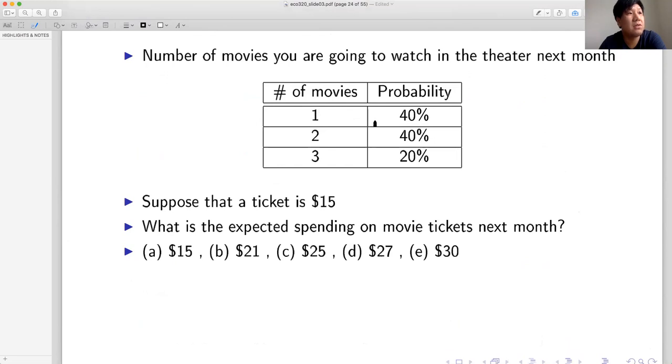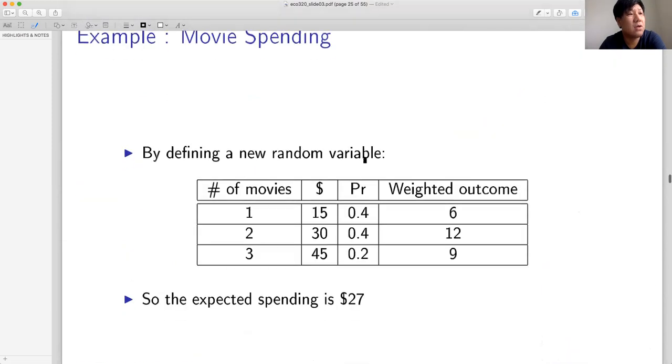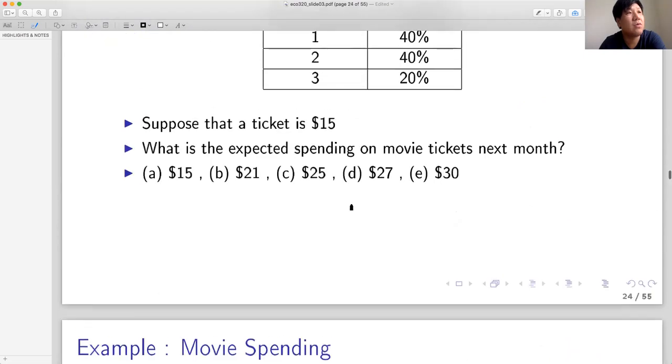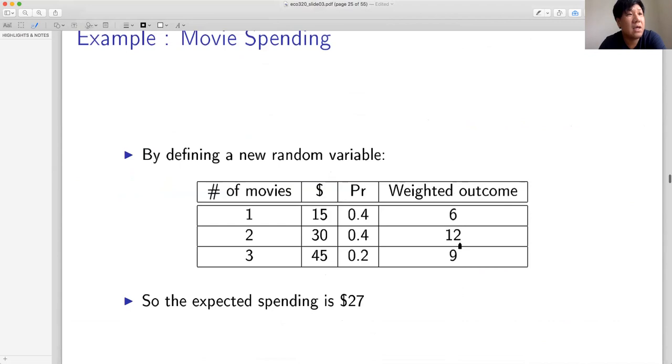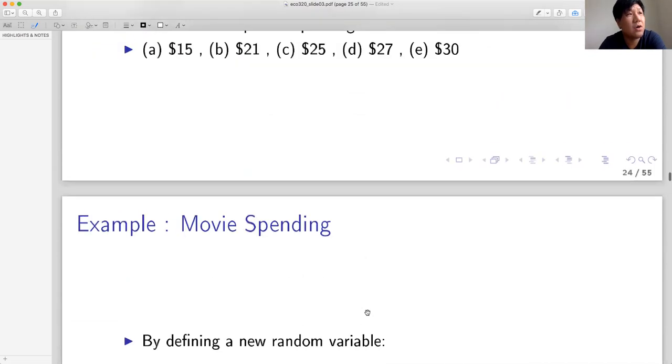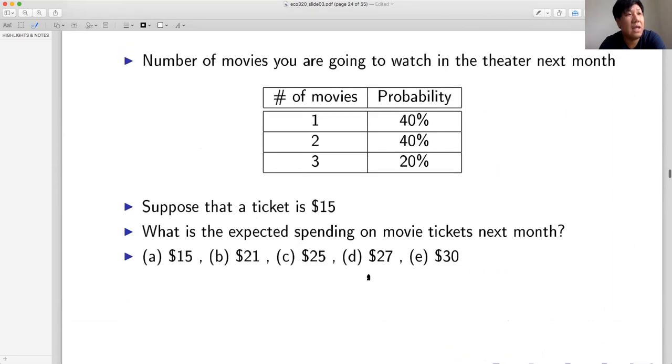It's 15 bucks. If you are watching 2 movies, it's 30 bucks, and 45 bucks. So these are some expenses, and you know these probabilities, right? It's from here. And you get the weighted outcome by multiplying these two, which is 6 bucks, by multiplying 15 times 0.4, and so on. And the next thing is just add them up. This is your expected spending. So the answer is D.